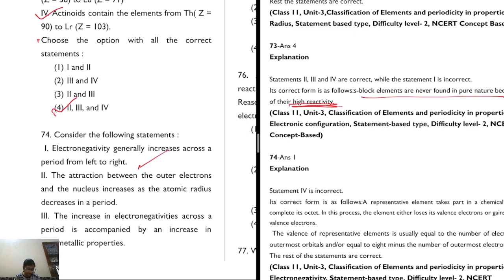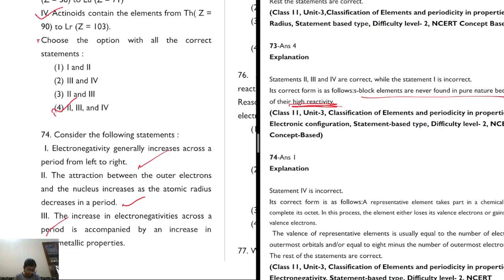The attraction between the outer electrons and the nucleus increases as the atomic radius decreases. Yes, in case of lesser radius, obviously the nucleus will have more effect. The nucleus will attract it better. In the next statement, the increase in electronegativity across a period is accompanied by an increase in non-metallic properties.